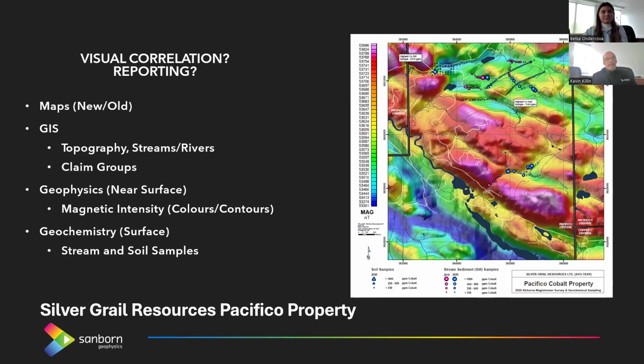In this particular presentation, there is topography as contours over the magnetic data, and then this was combined with the streams and geochemical data. The claim data were shown as well, and gravel access roads are shown.